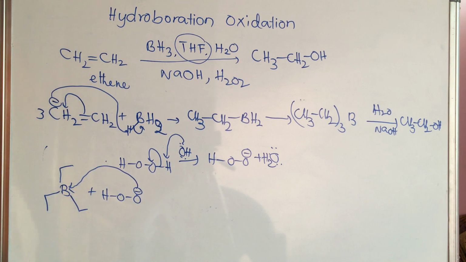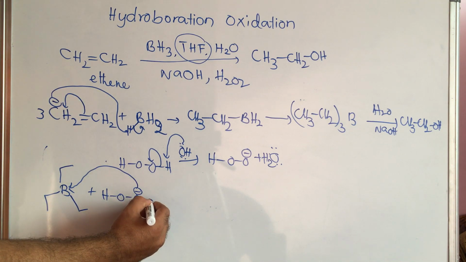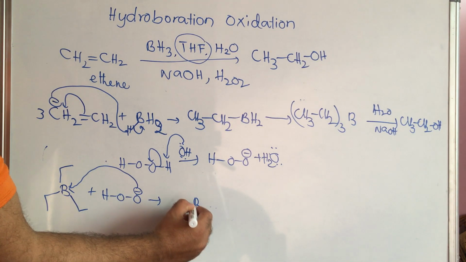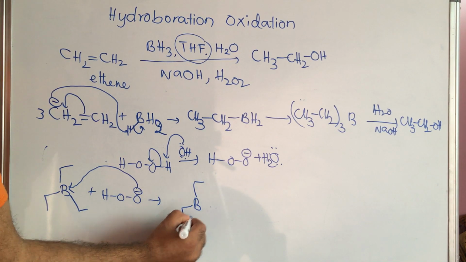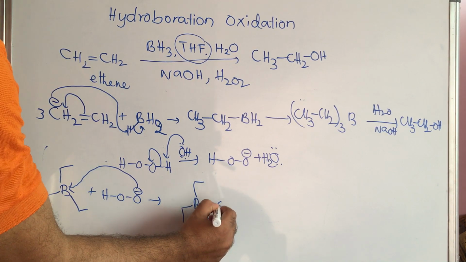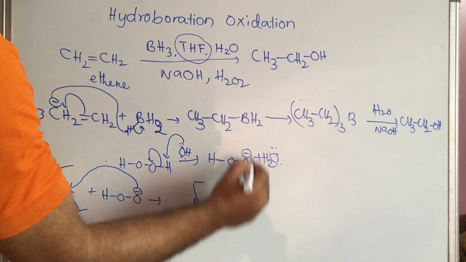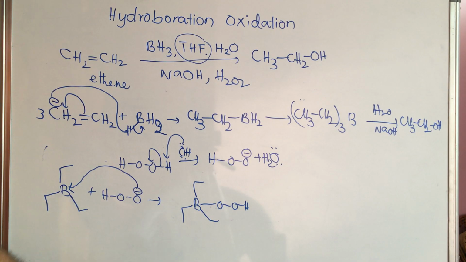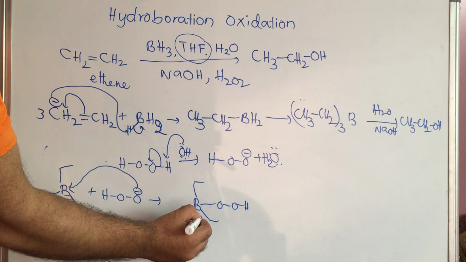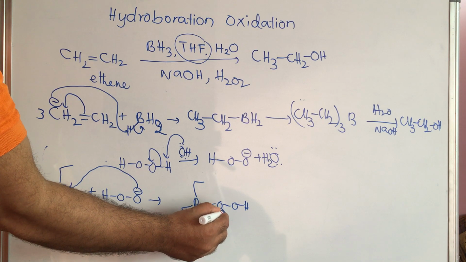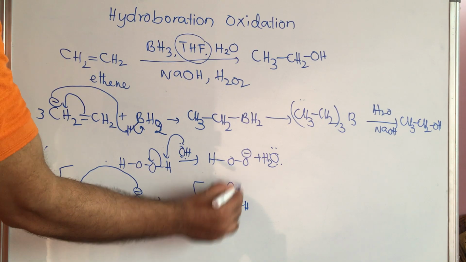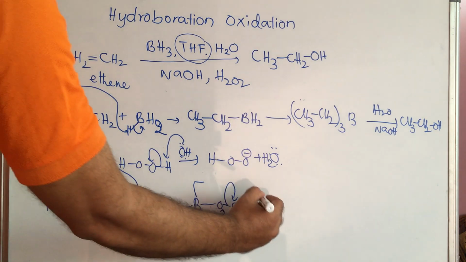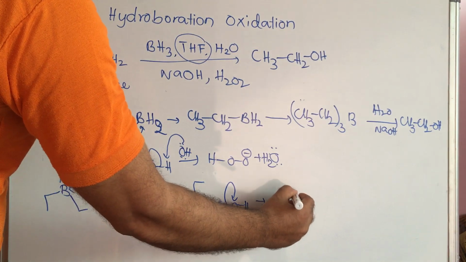Then it will accept the pair of electrons and it will be converted into boron like this. So now this bond will break and be added to this one, and this will be eliminated. Then we will get here boron.